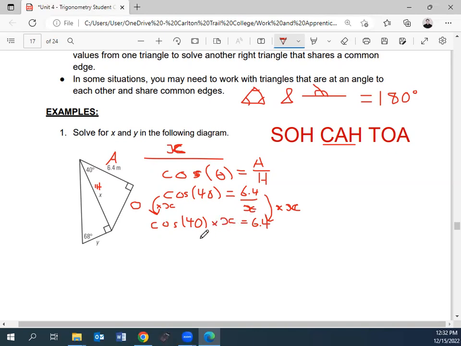So once I've done that, now I need to get x by itself, right? And this cosine of 40 is in the way. So instead of cosine of 40 being times into x, I'm going to divide by cosine of 40. I don't have space, so I'm just going to put divide. This is going to get canceled out, and I'm just going to be left with x is equal to 6.4 divided by cosine of 40.